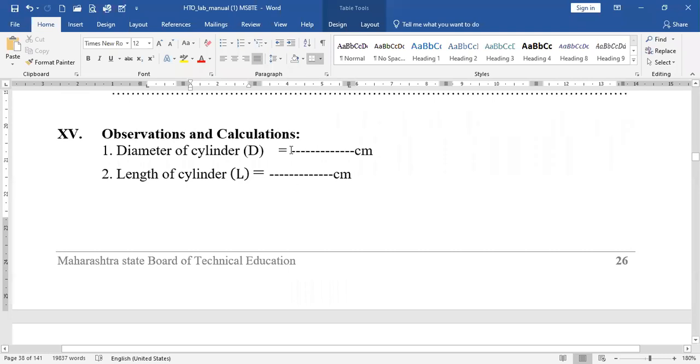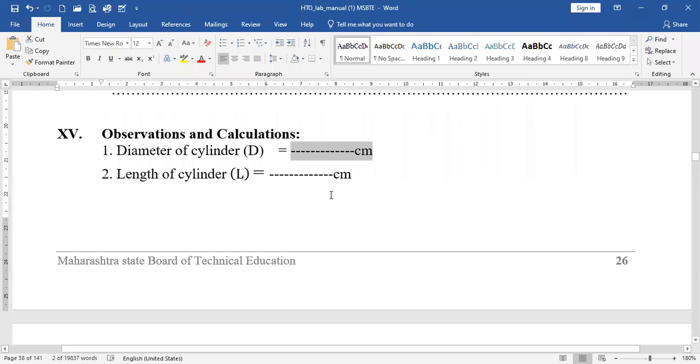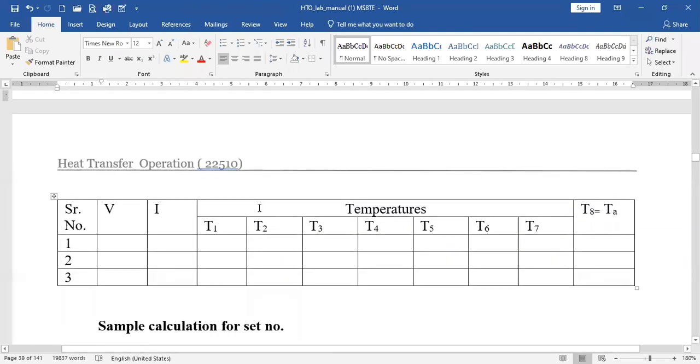For your experimental setup, you should write the diameter of the cylinder, maybe in centimeter, mm, or meter. Then you should write the length of the cylinder in meter, centimeter, or mm. You should know the diameter and length of the tube involved in your setup.